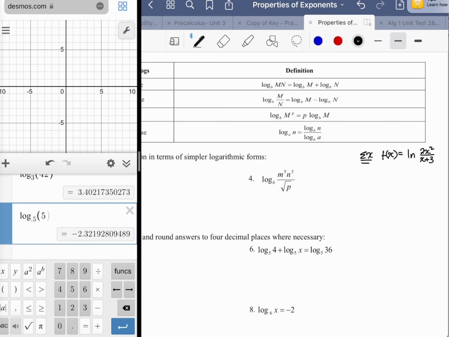All right. And we'll just hang on to that example for a minute, and I'll show you why these properties of logs are going to be valuable for us.